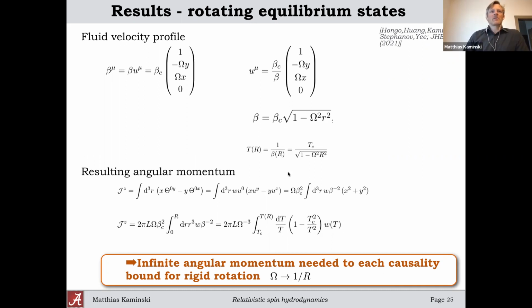It's this. And the point is, in order to spin this such that it violates causality at the boundary of this disk shape that you can imagine rotating around the z direction, you would need an infinite angular momentum. That's basically the upshot here.